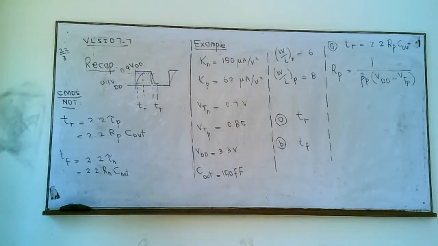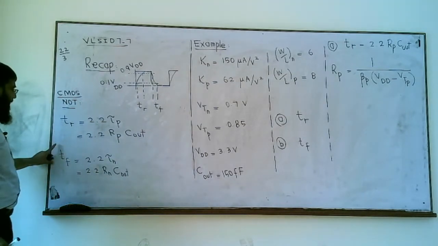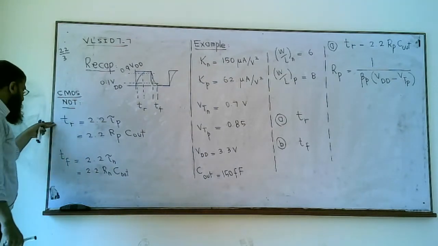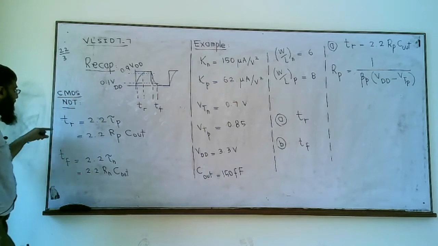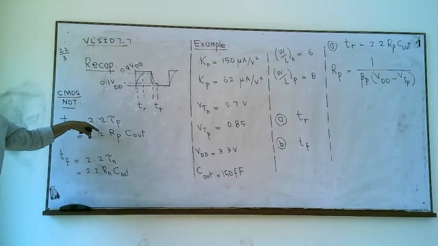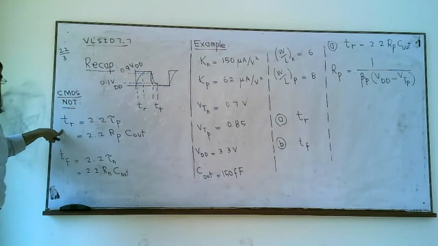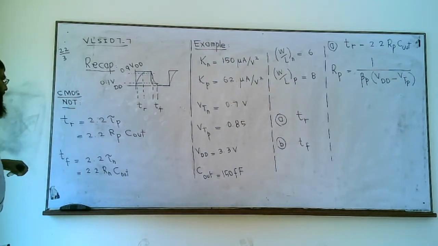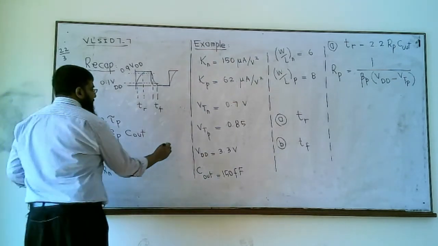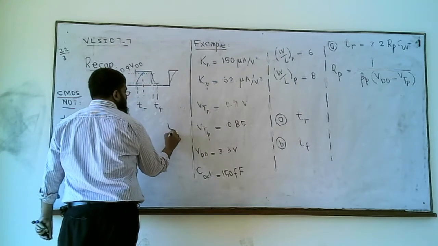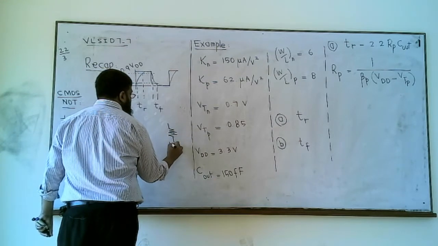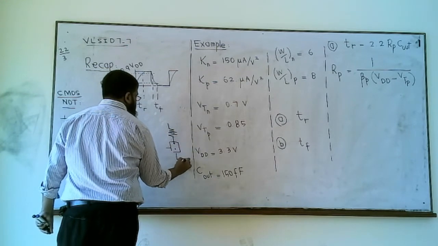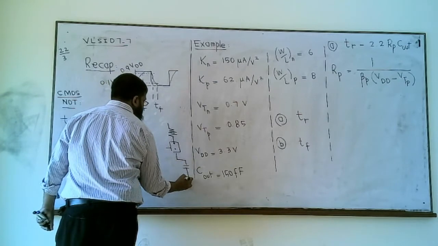This is what we studied in the last lecture, and we also derived two expressions, one for TR, the other for TF. TR is 2.2 times tau p, and tau p is RP times C out, where RP is, we know the equivalent circuit can be drawn like this.